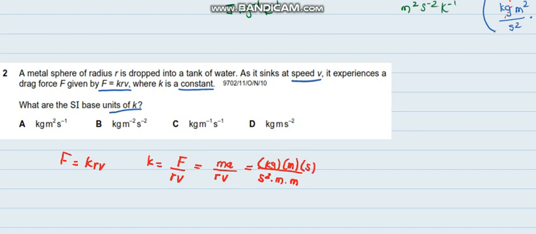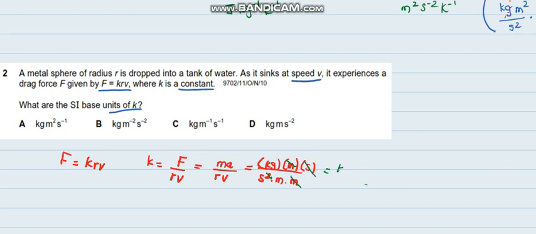Now doing the cancellation, meter cancels out with meter, second cancels out with second squared, so second would be left. So what do we have?